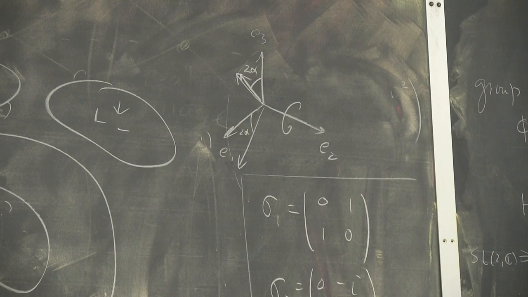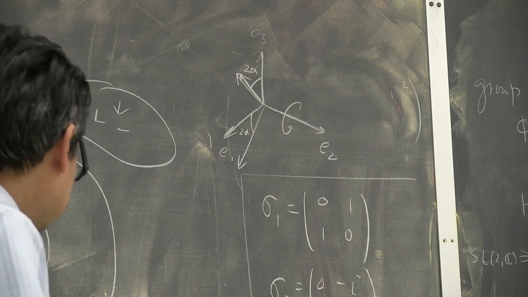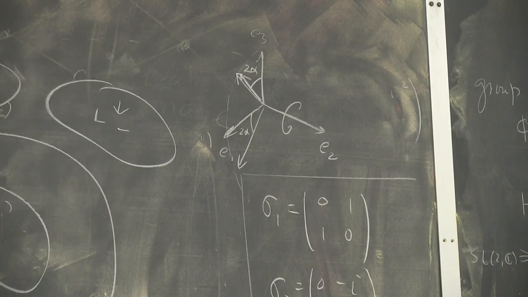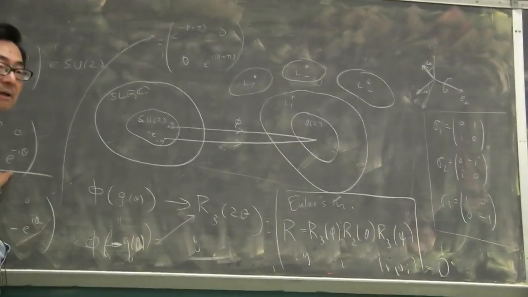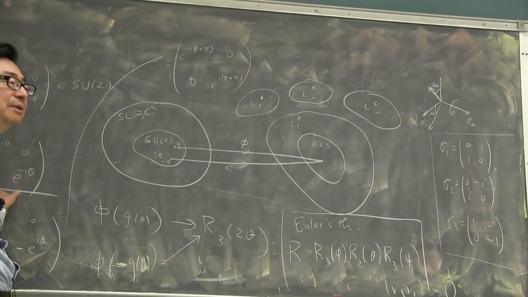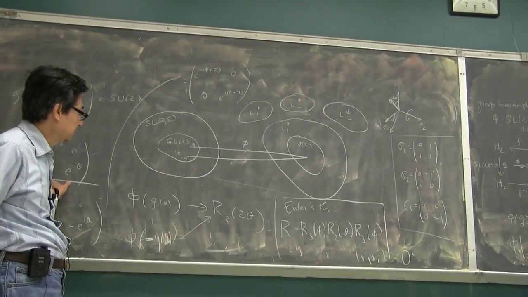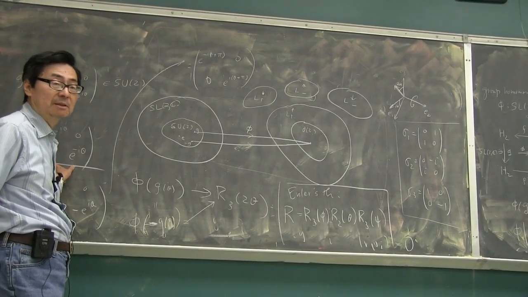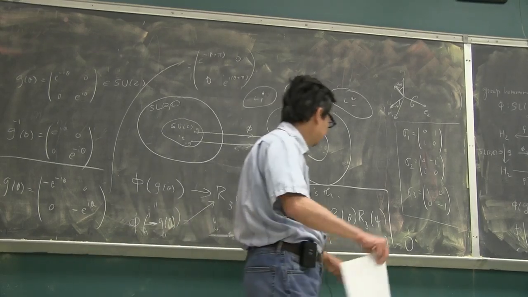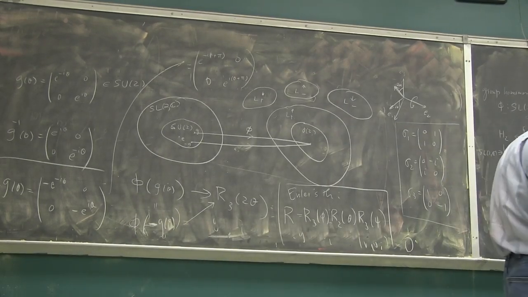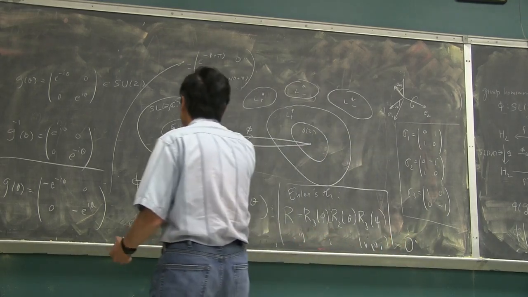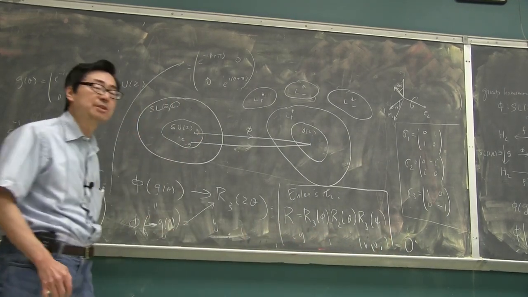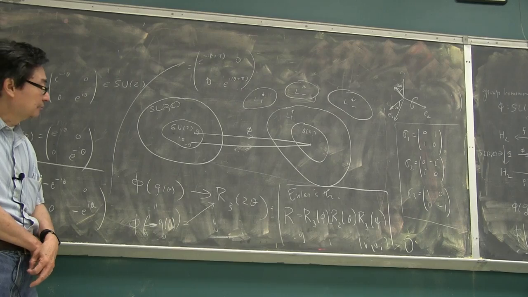We found all these are the general rotation operators about the second axis, and these are the pre-image under the homomorphism of rotations about the third axis. And because of Euler's theorem, we are done, because now we know how to construct the SU(2) matrices which represent any kind of rotation.